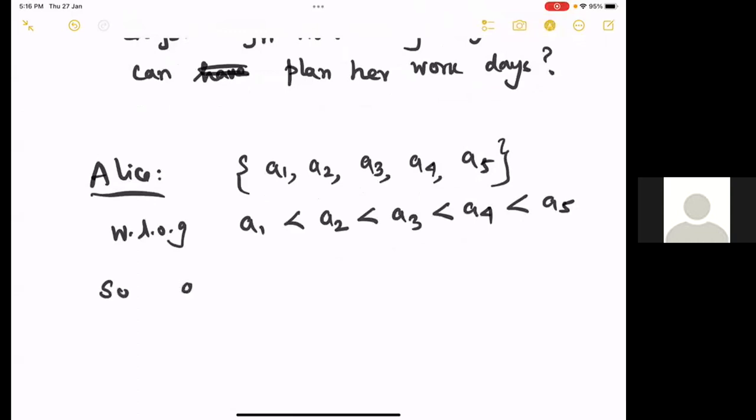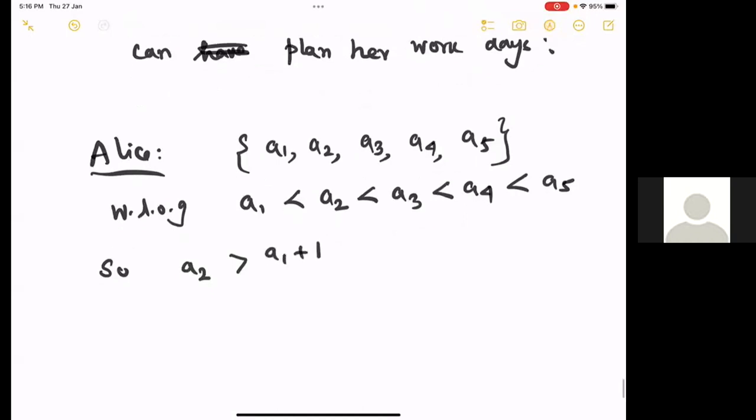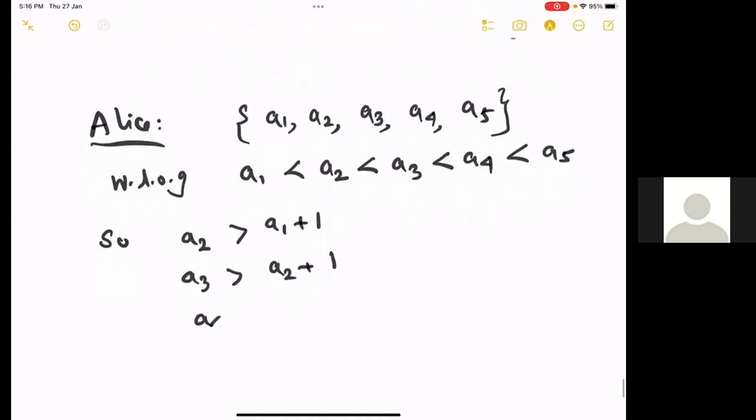The requirement is that A2 should be at least one more than A1, so they are not consecutive. A3 should be at least one more than A2, A4 at least one more than A3, and A5 at least one more than A4. This is the requirement.